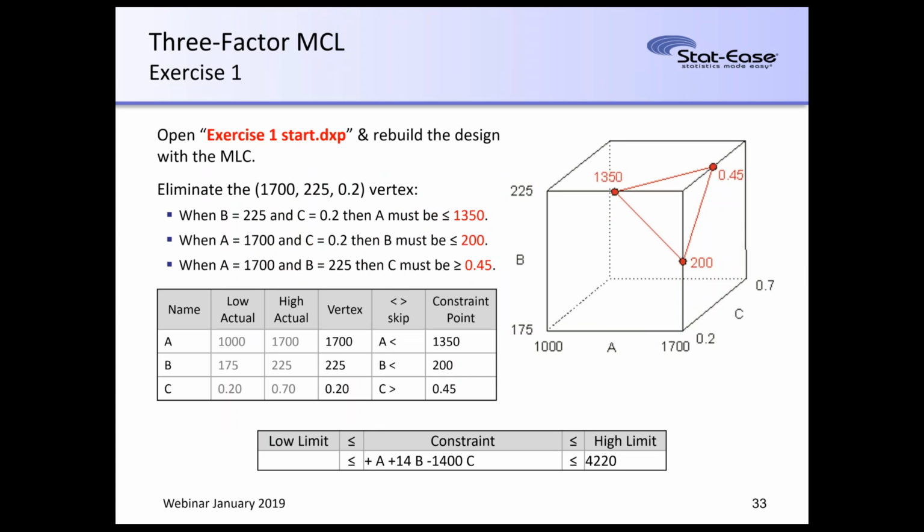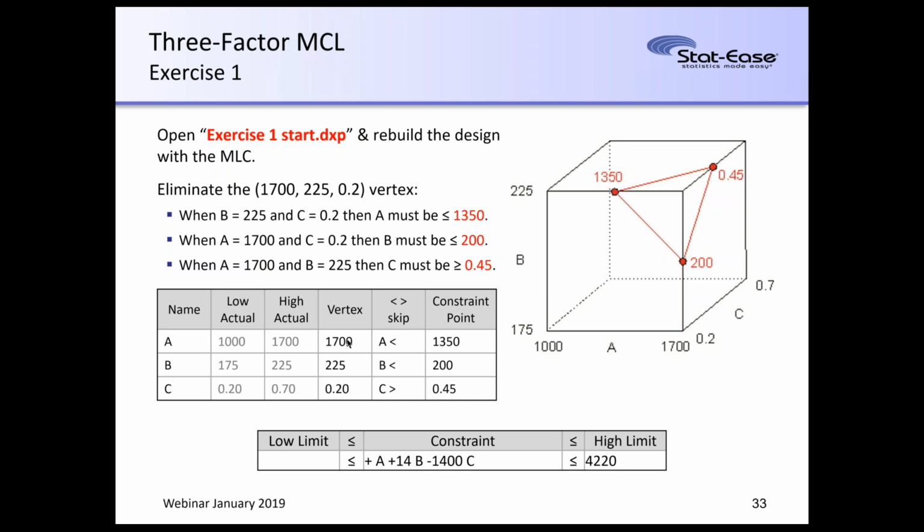The vertex we want to eliminate, in this case, is the high A, the high B, and the low C. So we just say when B and C are at their vertex values, what's the highest value of A I can use? And I have to back off along that edge of the cube to 1350.